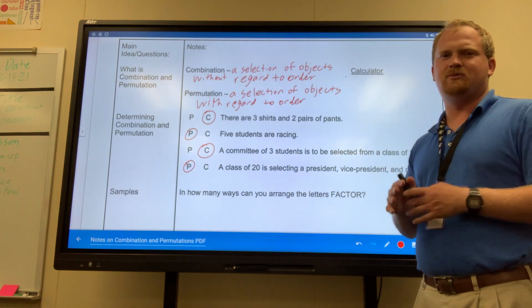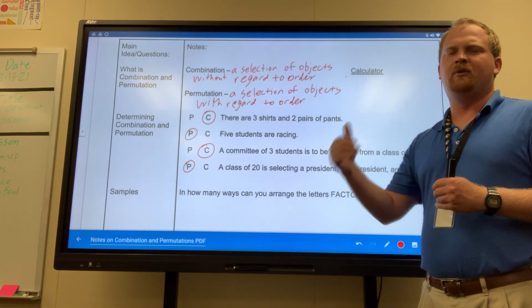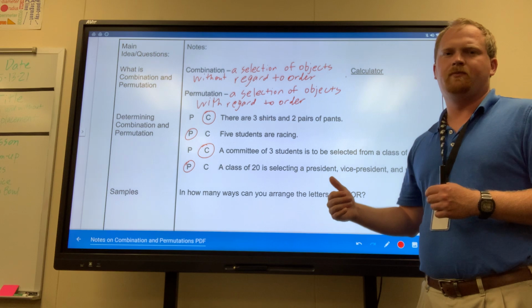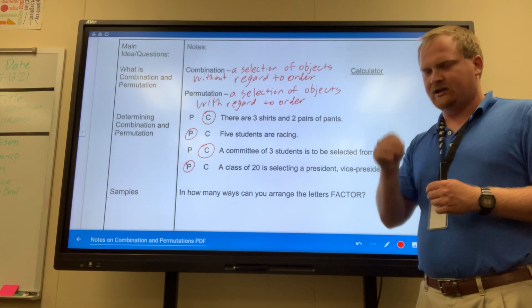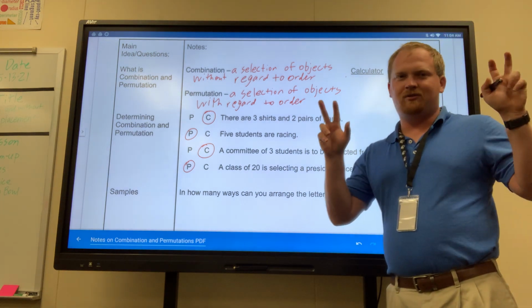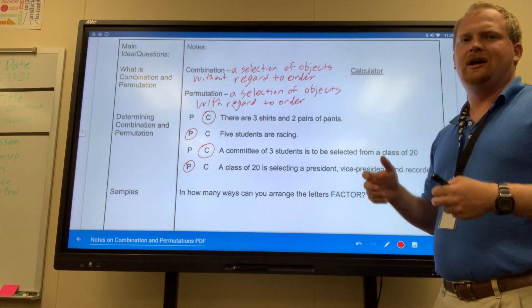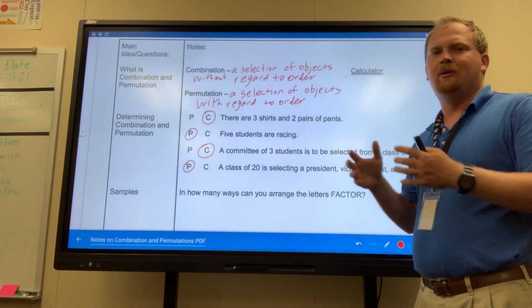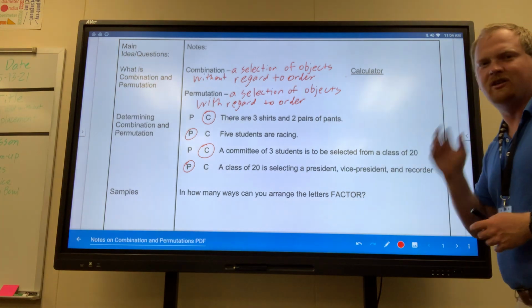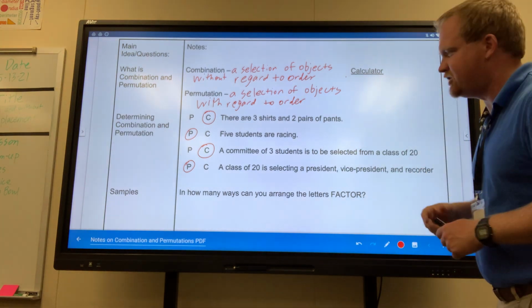That same person basically can be president or vice president or a recorder. Okay, so it may not be like an order as in first or second, but it does matter who's in what position. That's what makes it different. That's what makes it permutation.